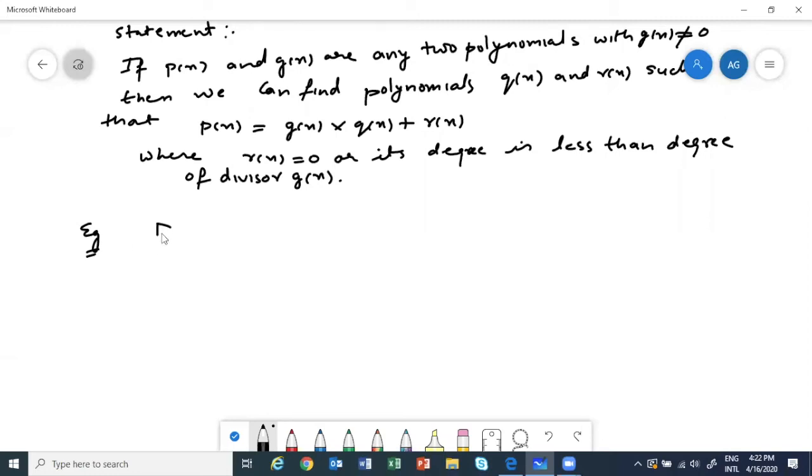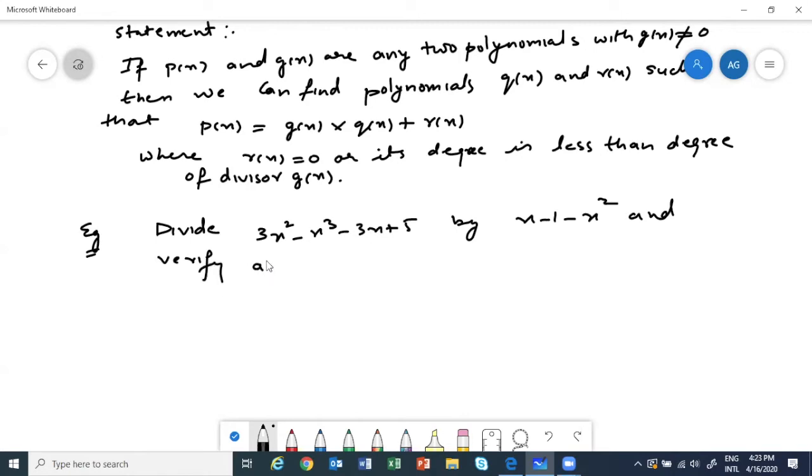We have to divide. Now we'll take a quadratic divisor. So we have to divide 3x square minus x cube minus 3x plus 5 by x minus 1 minus x square and verify division algorithm. This is the first variety of questions that you get on this division algorithm.